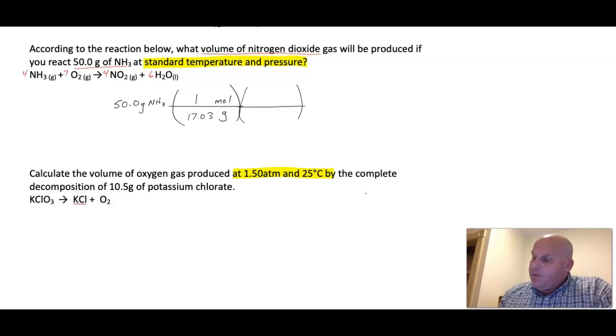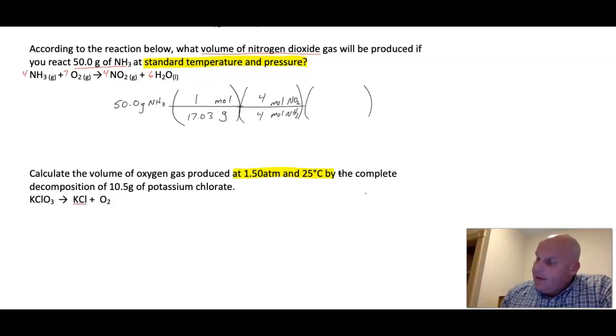Here is where I would be converting from moles of NH3 to moles of the substance they're asking about, which in this case is the nitrogen dioxide, NO2. As you recall, in our stoichiometric relationship, or our molar ratio, these values are going to come from the balanced equation, 4 and 4.